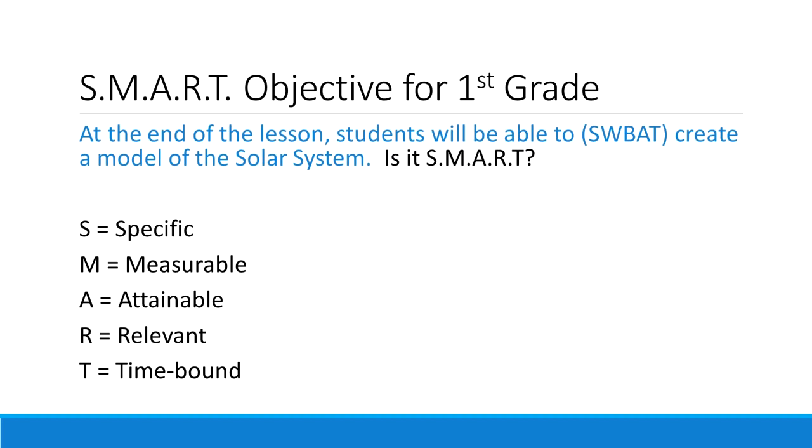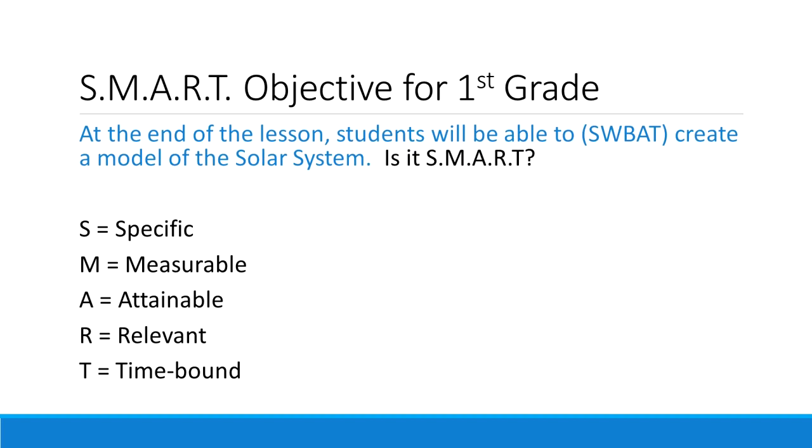It is time specific: at the end of the lesson. It says students will be able to create, which is measurable. It is relevant if you're studying the planets and the solar system. But if you notice, it is a first grade objective. And this is not attainable for first graders to be able to create a model of the solar system.